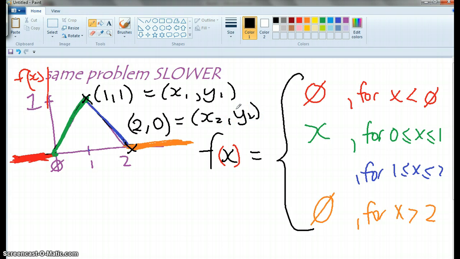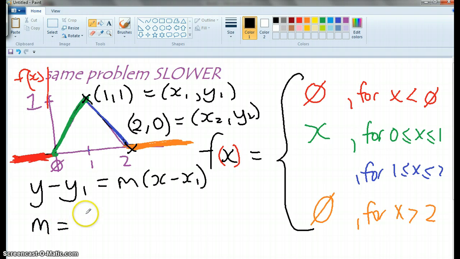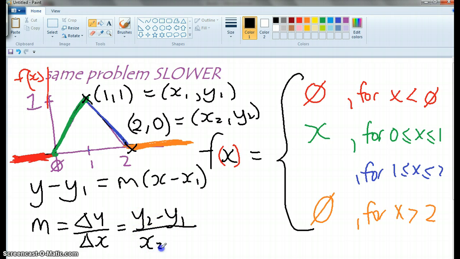Yeah. So the equation of a line is y minus y1 equals m times x minus x1, but m equals the gradient, which is change in y over change in x. Change in y is y2 minus y1, change in x is x2 minus x1. Alternatively, we can look there and there.